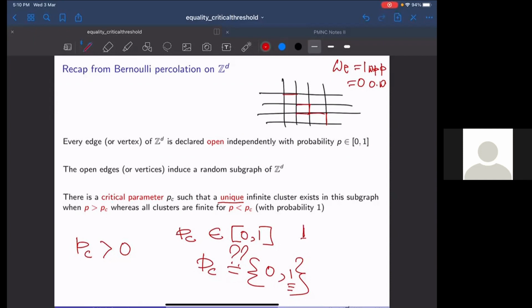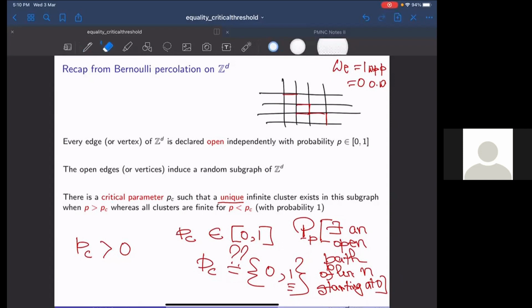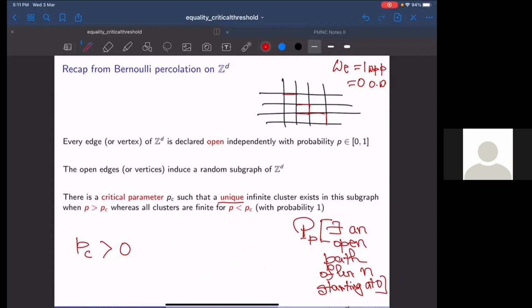So you say P_p is the probability measure corresponding to the density parameter small p, and consider the probability that there exists an open path of length n starting at 0.